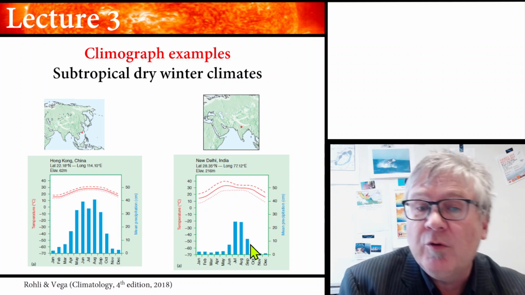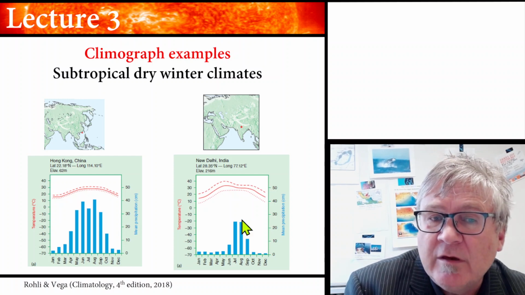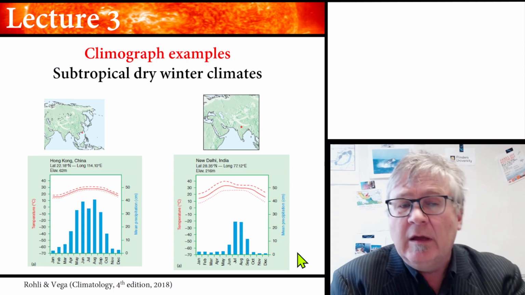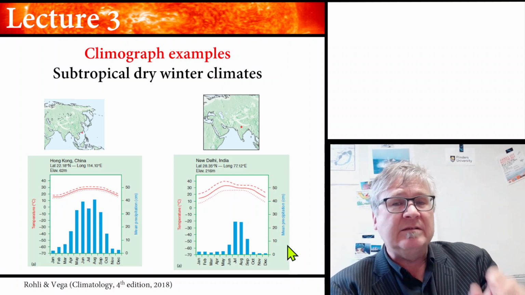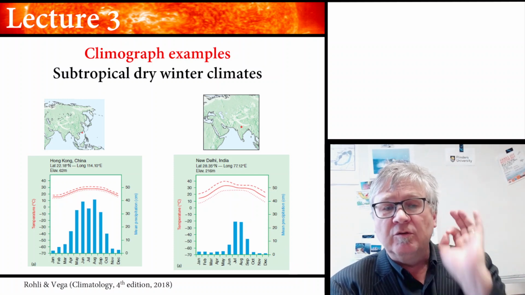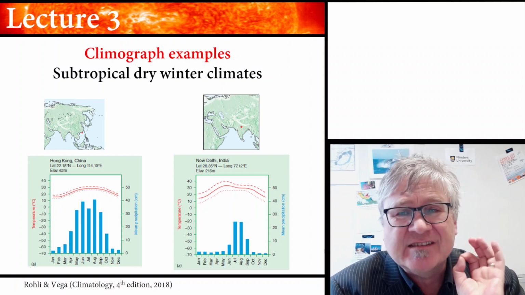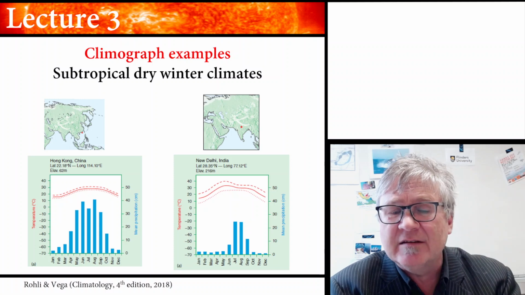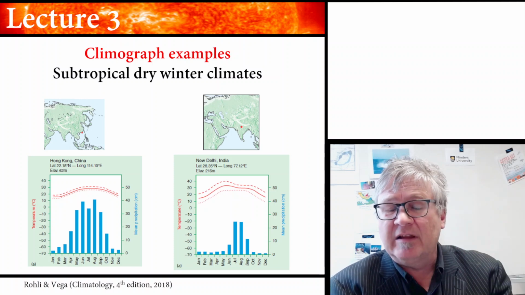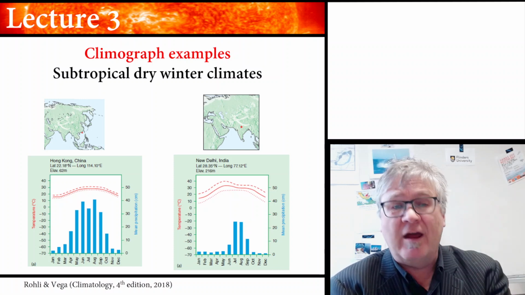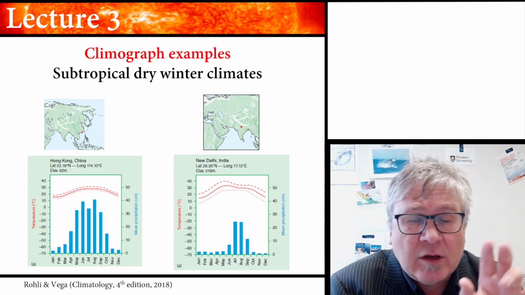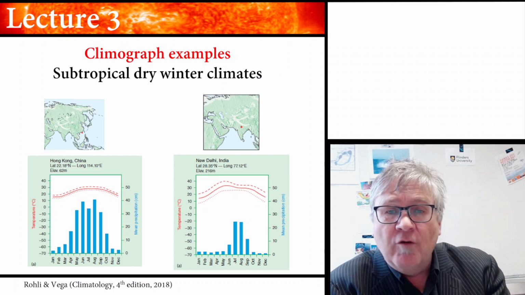Okay, and that's how you derive climographs, climate information for regions. And why people do that is, you can also use the same method, but for subsets. Say you can produce a climograph for every decade of the past 50 years, and then you can look at changes over time.